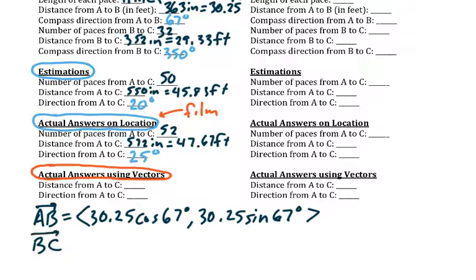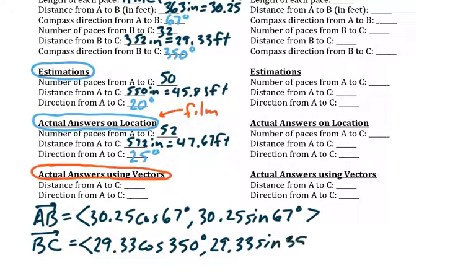When I walked from B to C, the magnitude was 29.33 feet times the cosine of, my direction angle is 350 degrees, and same thing again, but with sine. All right, there we go.